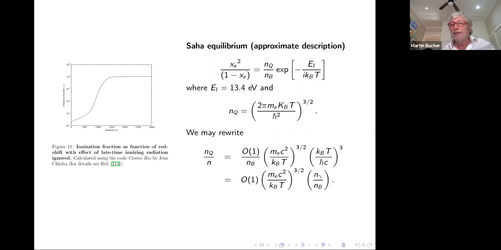But since there are so many more photons than baryons, entropy really lowers that factor.